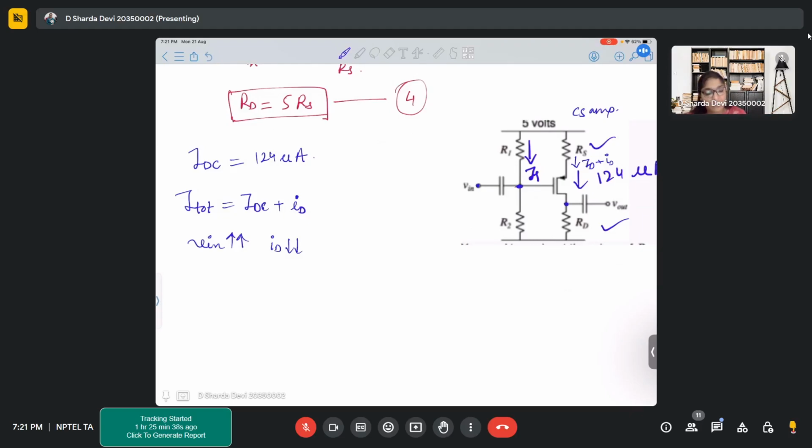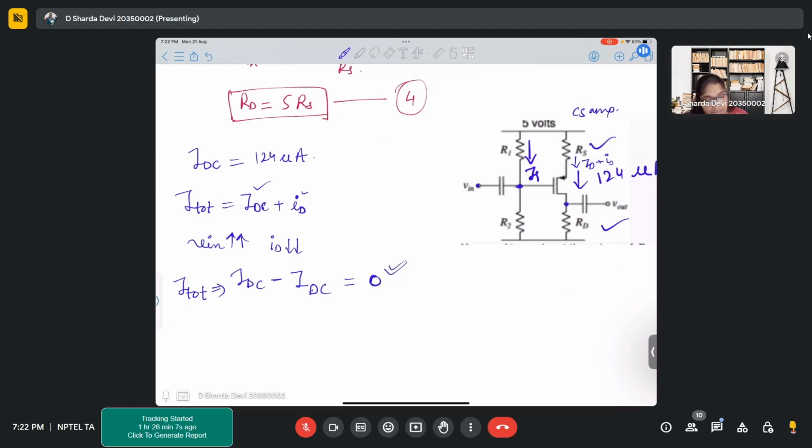So for the case of, let's say, a condition when your small v in is such that your IDC and this id both become equal, the I total will actually be IDC minus IDC, that is 0.